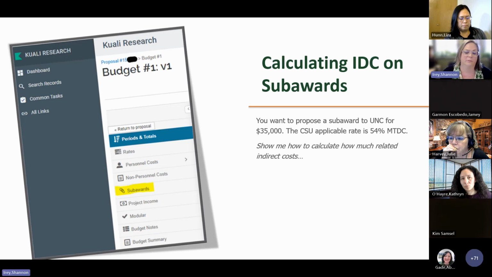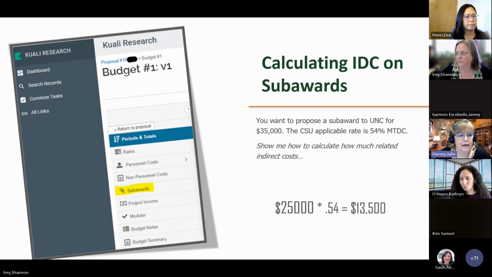But yes, when we are a sub, it doesn't matter. We would be charging 54% on our entire direct costs, modified total direct costs, I should say. And if UNC were doing the budget, they would be using their rate, not ours. Correct. All right, next slide.